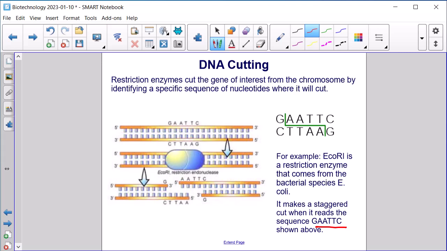When the restriction enzyme EcoR1 gets to this sequence, it recognizes it and makes a cut between the G and A and on the complementary strand between the G and A. So we get this staggered cut that you see here.